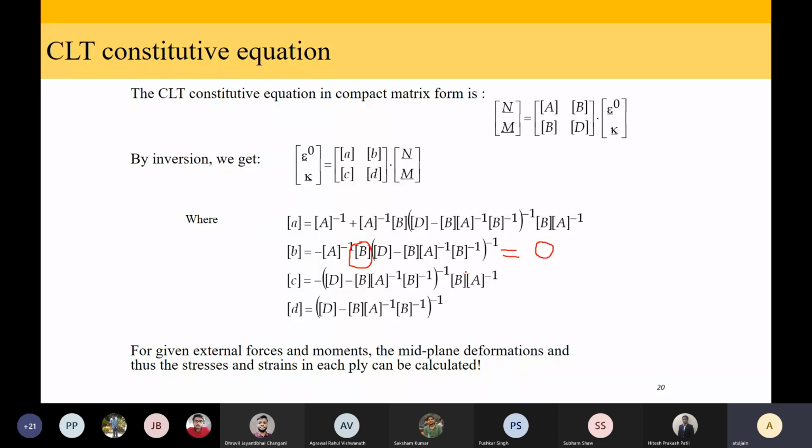C matrix will also be 0 because this term is 0. And D matrix will be equal to D inverse. This term will just cancel because this term is 0. For a symmetric laminate, small a is A inverse, B and C are 0, D is equal to D inverse.